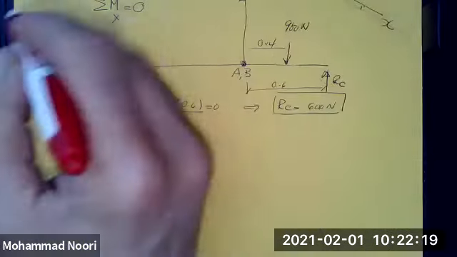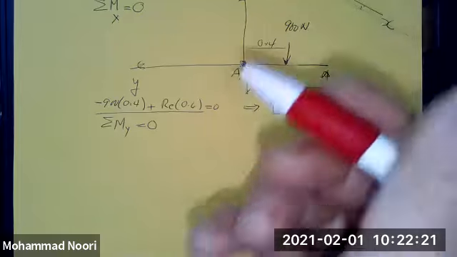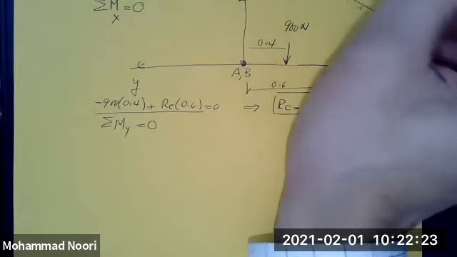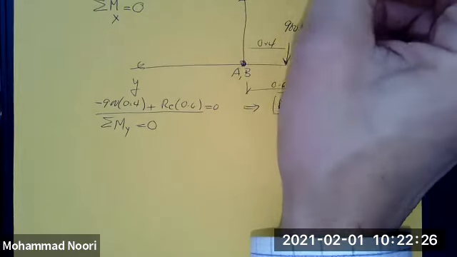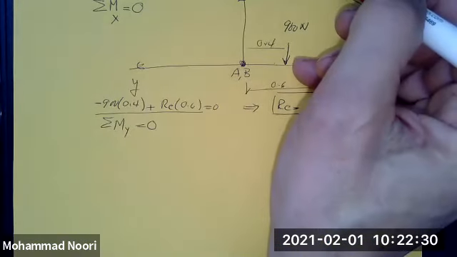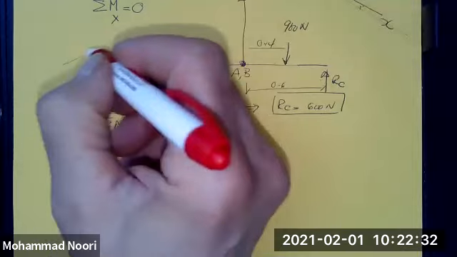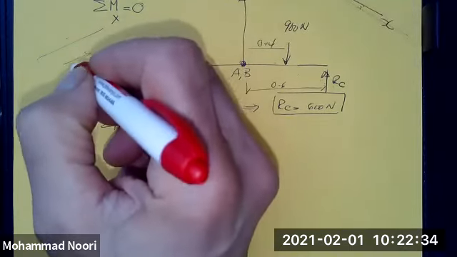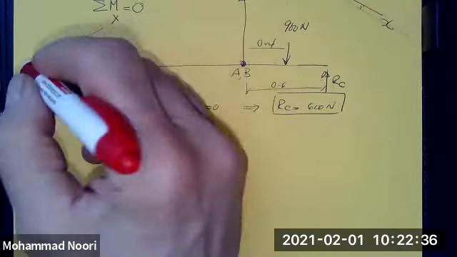Bx is parallel. I'm sorry, this is By. By is parallel to this y-axis. When you have a force parallel to an axis, it does not generate a moment about that axis.